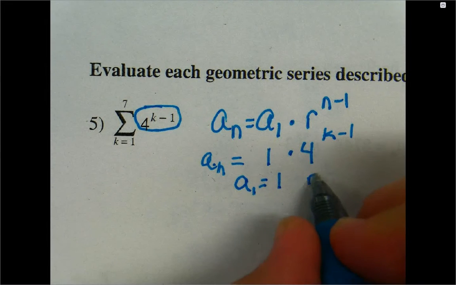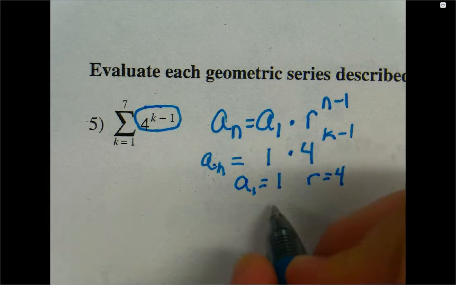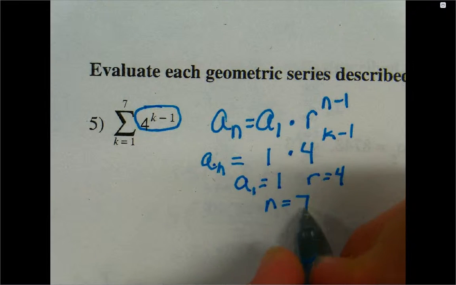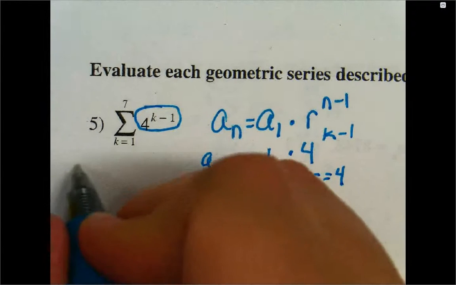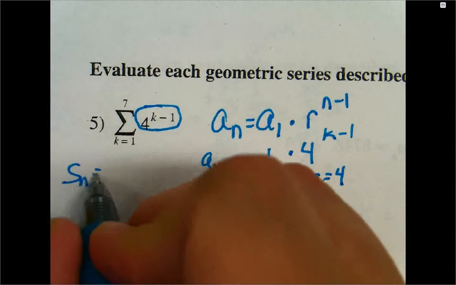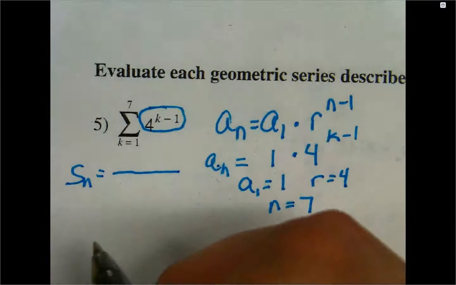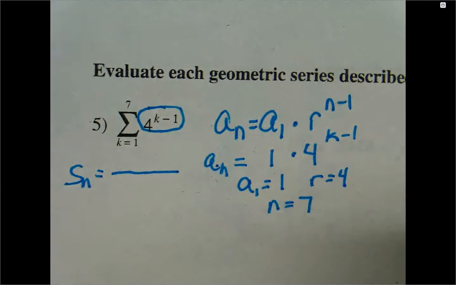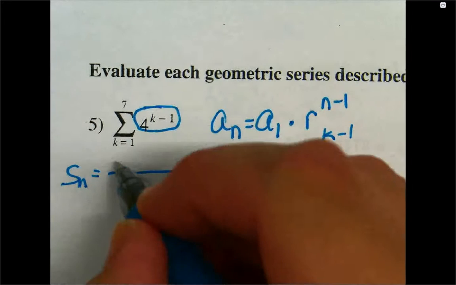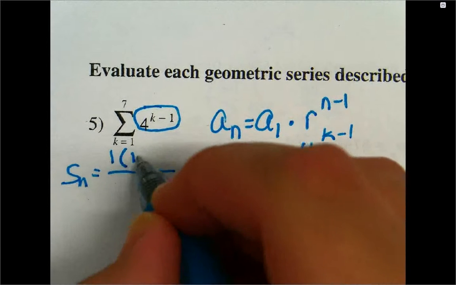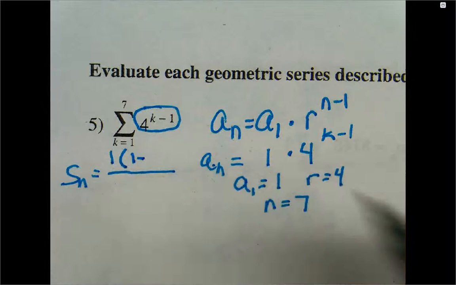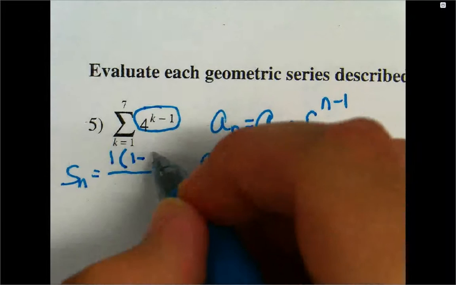And in this case, n equals 7. And you can actually use this formula now. You can say it's 1 times 1 minus 4 to the 7th over 1 minus 4.